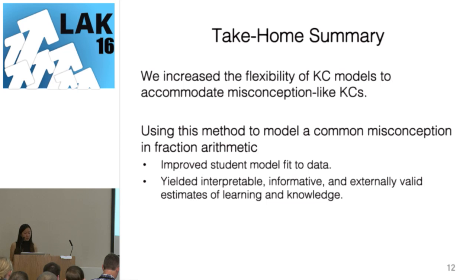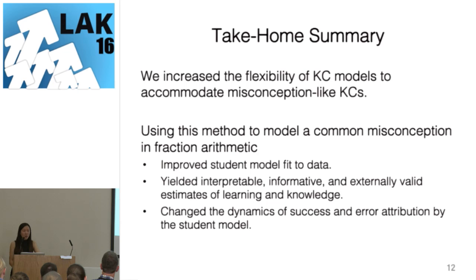It also yielded interpretable estimates of both knowledge and learning, which I gave you some examples of. And they were informative, especially the weights for the opportunities to proliferate and unlearn the misconception within the data set. It also generated externally valid estimates at the individual student level of learning and knowledge.